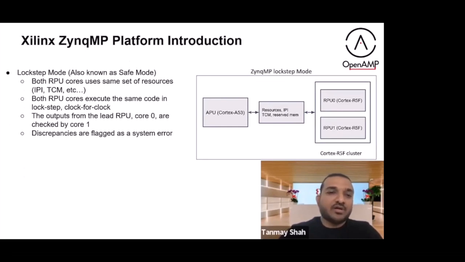Our main core is core 0, and core 1 matches its output with core 0's output, and if there is a discrepancy between the 2 outputs after executing an instruction, a system error is raised. That is why this is also known as safe mode, because if there is any discrepancy in instruction execution, we get to know immediately.